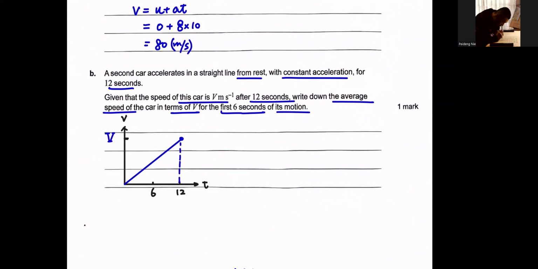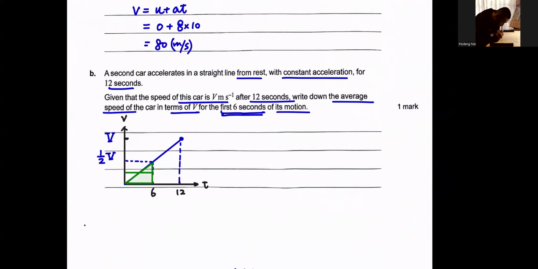If you notice the symmetry here, in the middle I've got half V. So you want to find the average speed of the car in terms of V for the first 6 seconds. I would just use the first 6 seconds, because this is like a triangle.